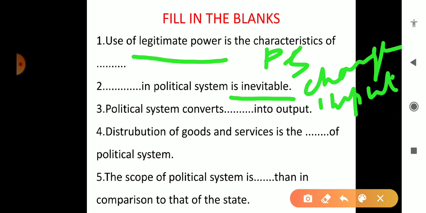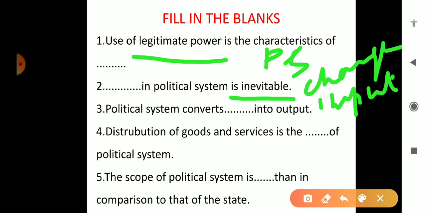If we ask that, then distribution of goods and services is the function of political system, can be its answer. And it can also be asked which function, input function or output function. So distribution of goods and services, after input has been taken and processed, then the output comes. So distribution is a sort of output, right? So distribution of goods and services is the output function of political system.